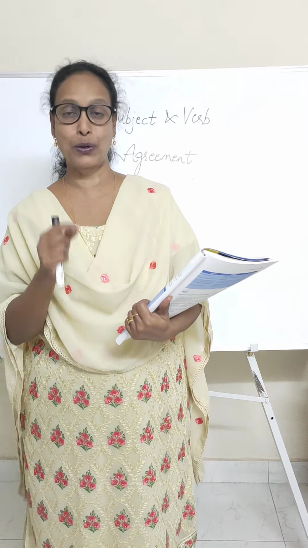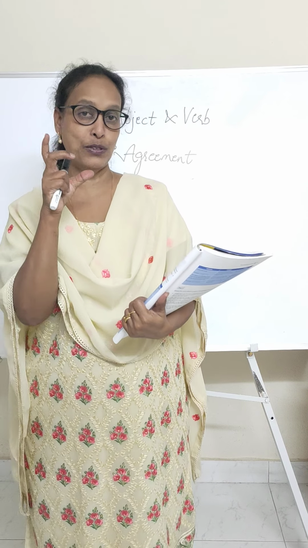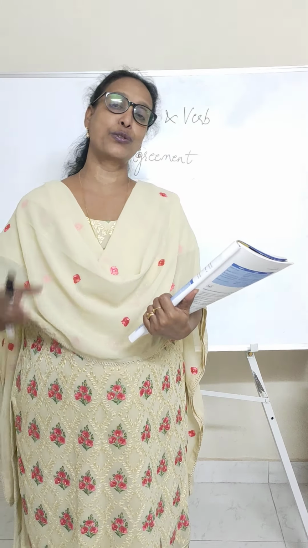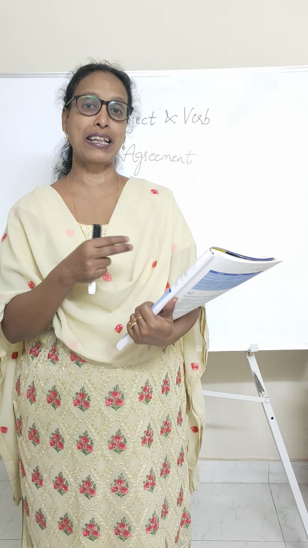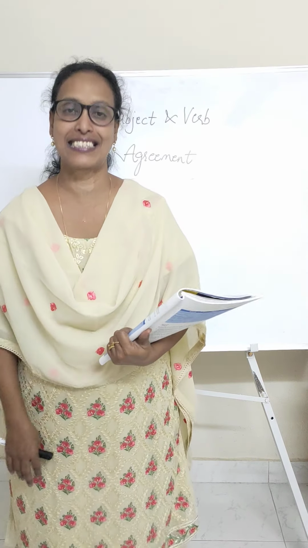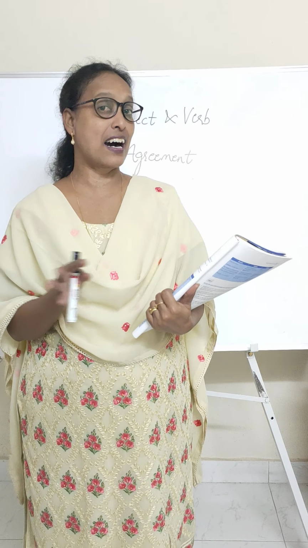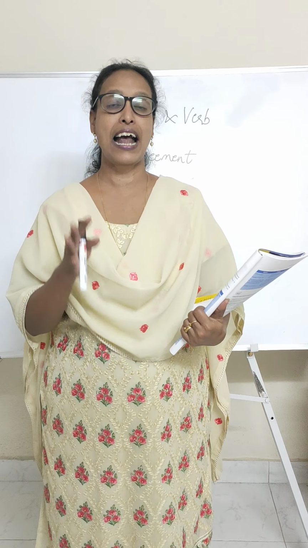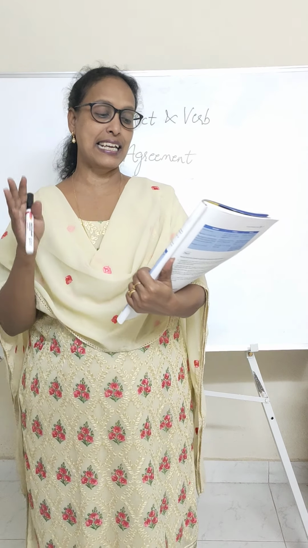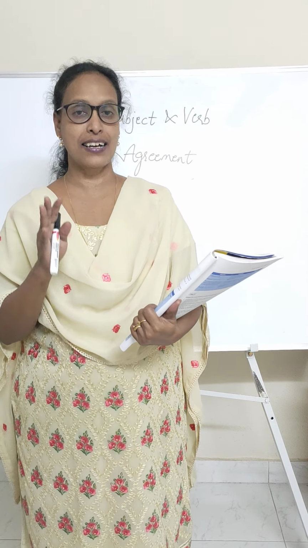So what is the right verb that you have to use here? The subject is mathematics. Since it is used in the singular form, the correct verb to use with mathematics is is. Mathematics are is not correct here because it is used in the singular sense, and so you say mathematics is a compulsory subject till class 10.